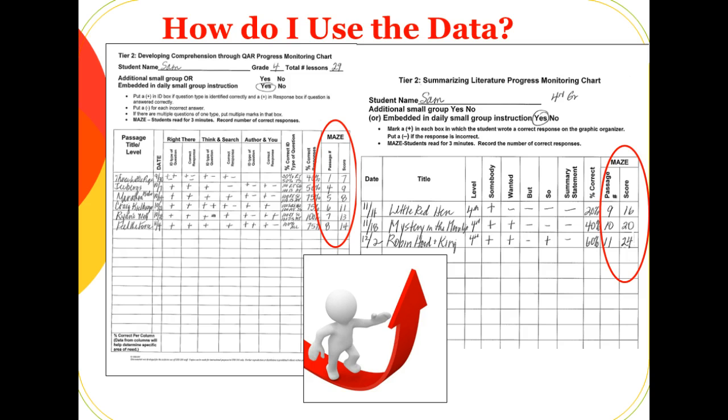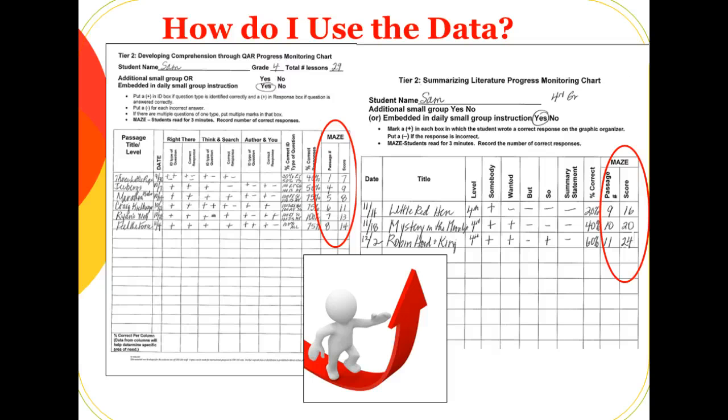I then have for each of the other 5 weeks what their Maze passage was and what their score is. And then if I'm doing summarizing the main idea, I would be starting now with passage 9 and I record the score.